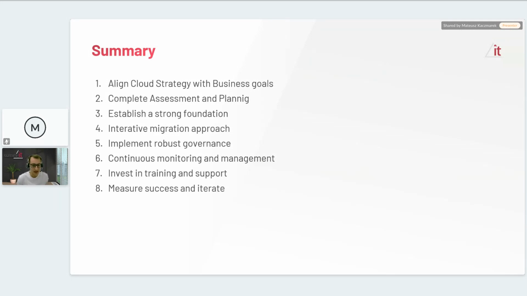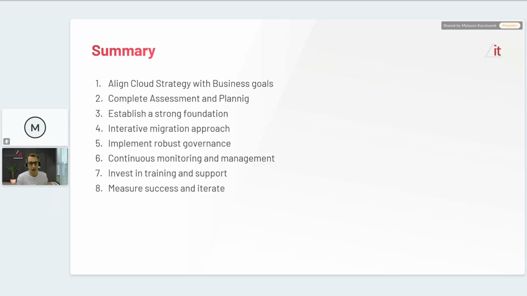The next one is establishing a strong foundation. In the ready phase, focus on setting up your cloud environment with the best practices. Pay attention to security and compliance to build this solid foundation. Iterative migration approach: when it comes to the adopt phase, consider an iterative approach.